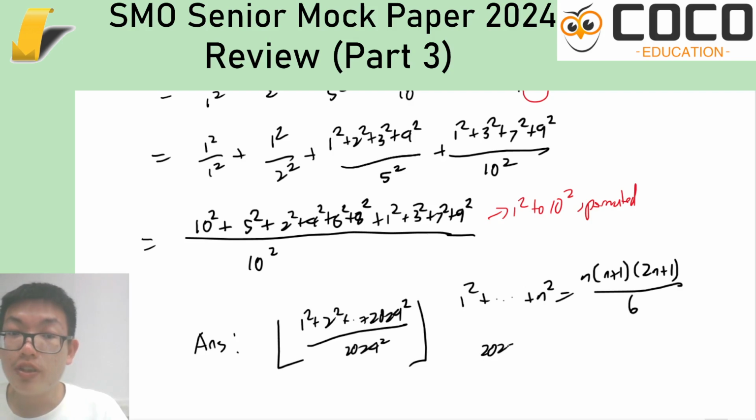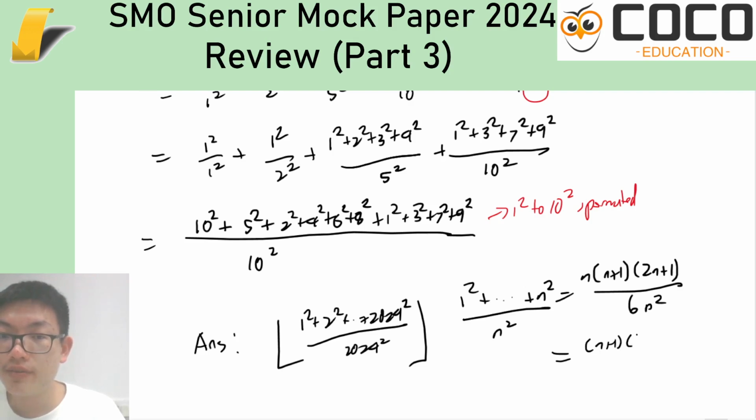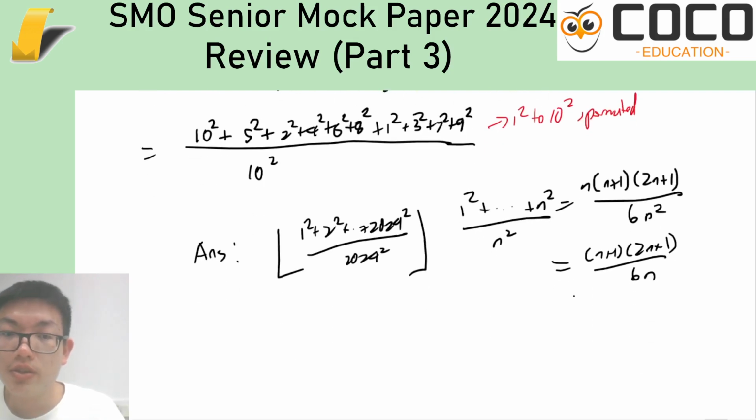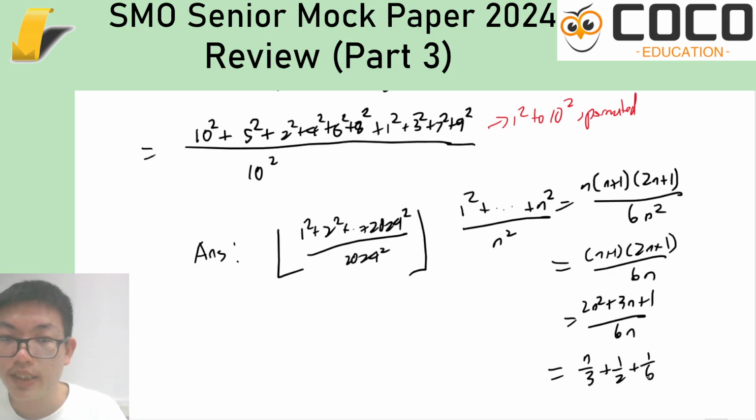So the sum of squares up to 2024 is going to be equal to this thing here, and before you worry that this is too messy, just realize that I could actually simplify it in terms of n first. So this is 2n squared plus 3n plus 1 over 6n, which would simplify to n over 3 plus half plus 1 over 6n.